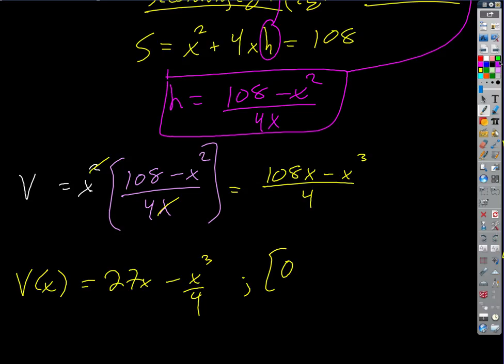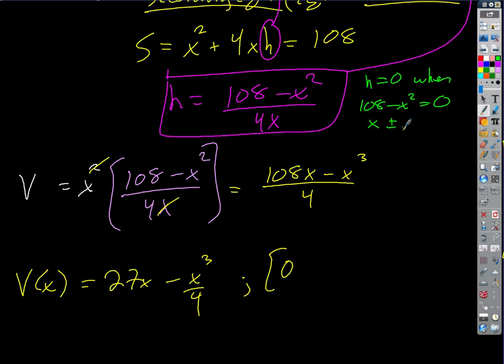So we could say h equals 0 when 108 minus x squared equals 0. What would the solutions of that equation look like? x equals, if I solve that, add the x squared to this side, square root both sides, plus or minus the square root of 108.